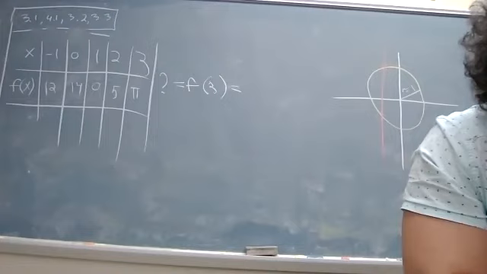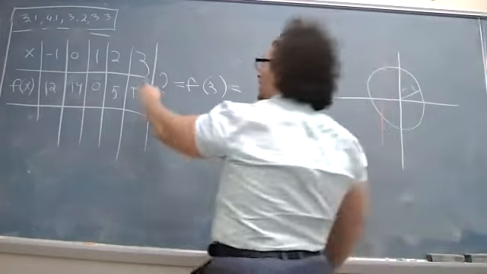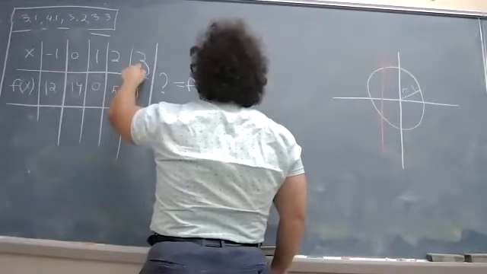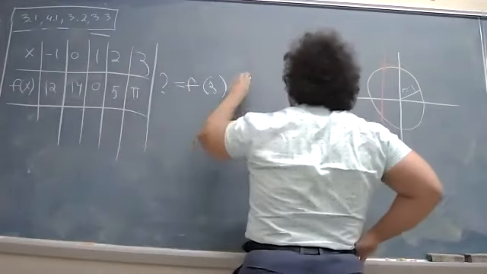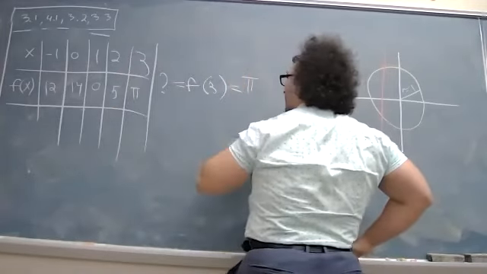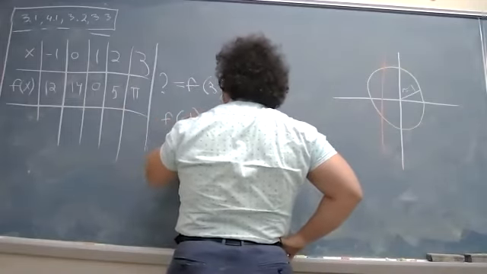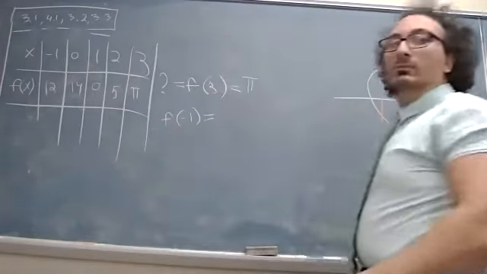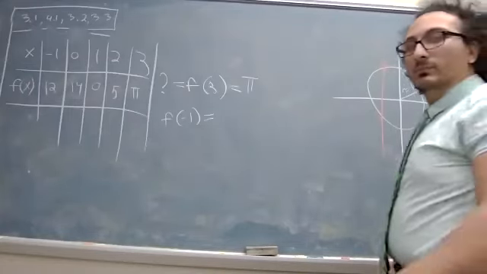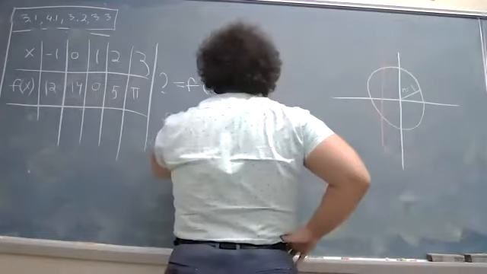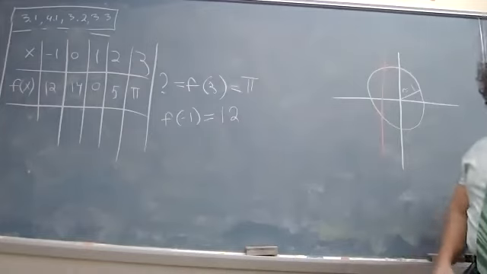Yeah, that's correct, Albert. Because x is 3, f of 3 is pi. So what would f of -1 be? That's right, 12.